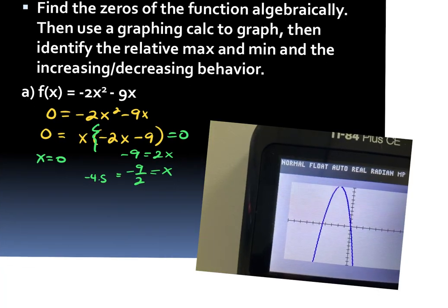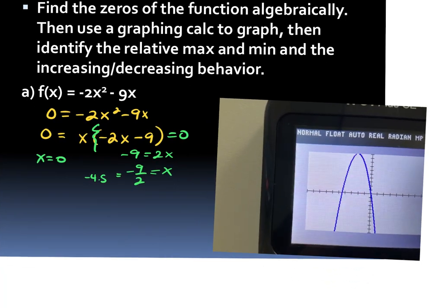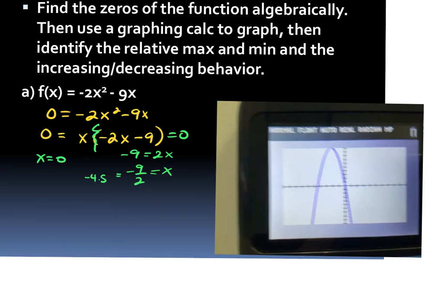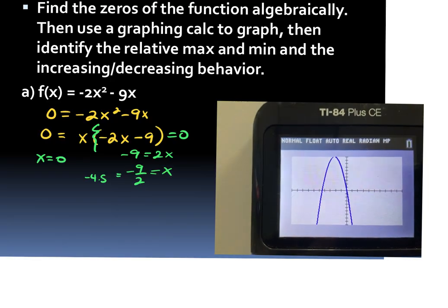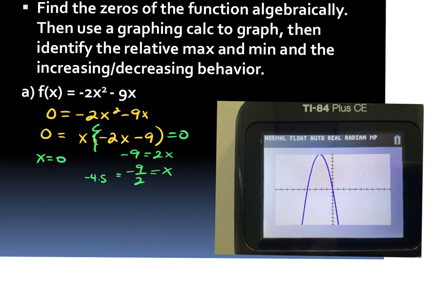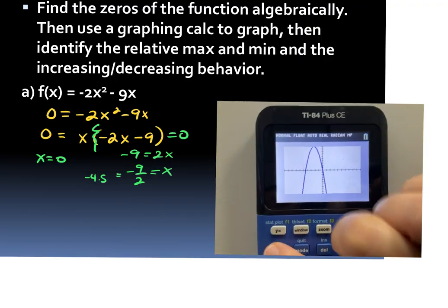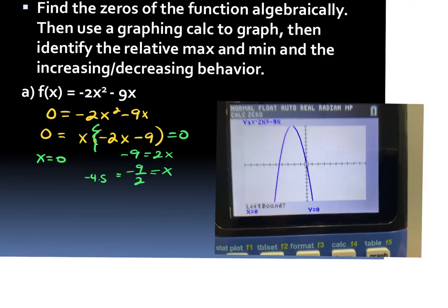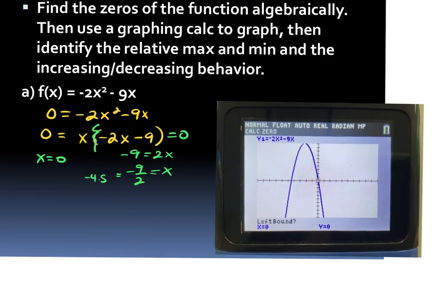All right, so it says use the graphing utility to graph and then identify the relative max and min and the increasing, decreasing behavior. While we're on it, let's check and see if our answer's right for our zeros. We expected it to cross the x-axis twice. It did. So then I'm going to go second, trace. I'm going to go to 0. It brought me right to the one that's 0, 0.